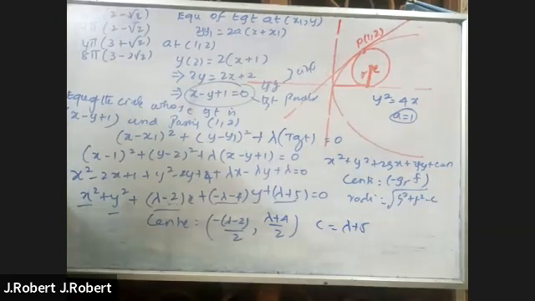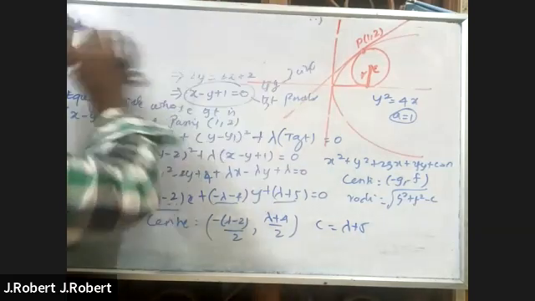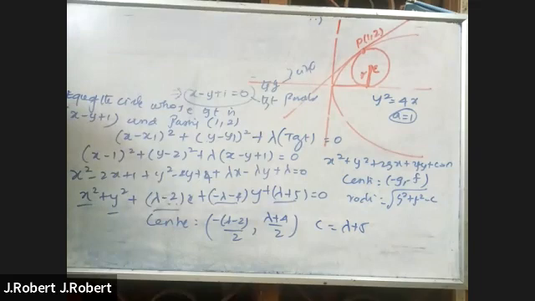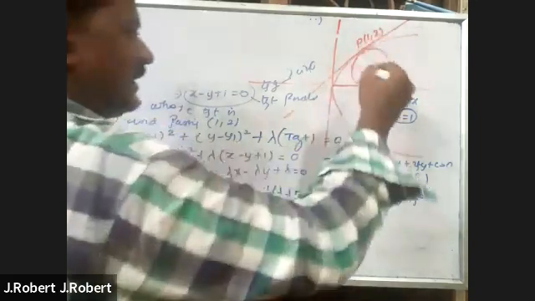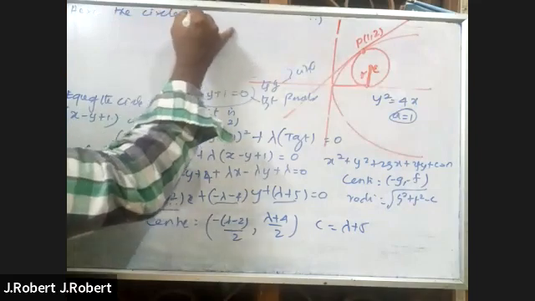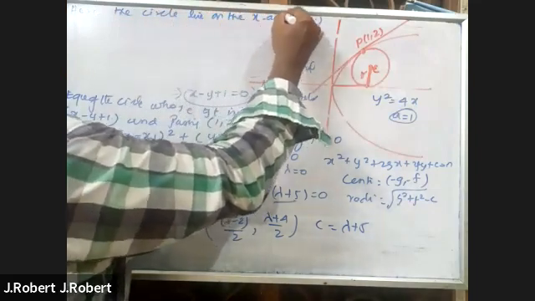Now, according to the diagram, the circle lies on the x-axis.